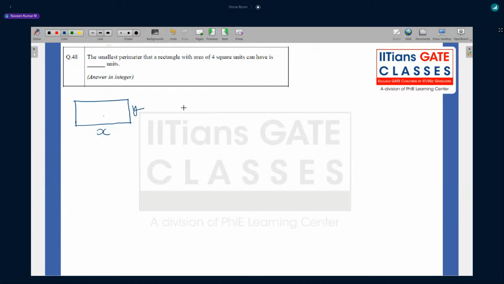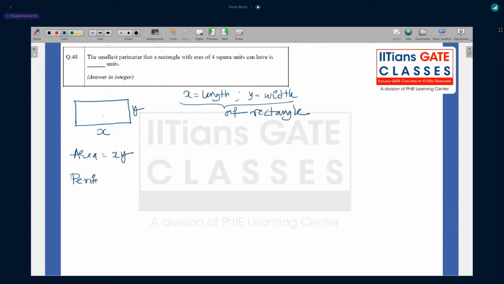So I can say where X is the length and Y is the width of the rectangle. Right? Now what is the area of the rectangle? Area is equal to x into y. What is the perimeter?